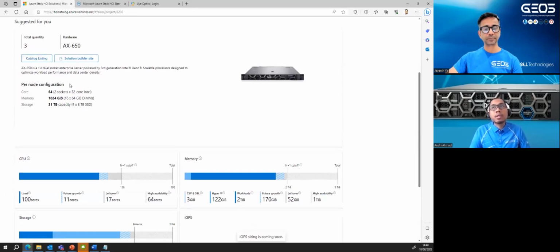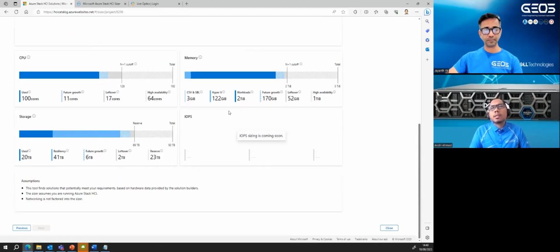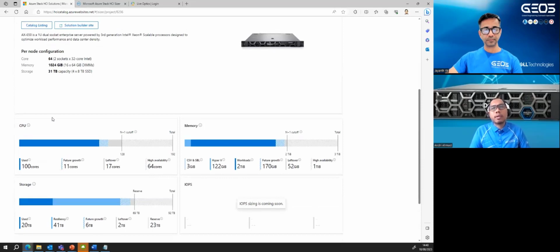So with 3 nodes, first let's talk about the compute capacity. Per node is 64 cores, so in total you will have around 192 cores. But remember, it is n plus 1. N plus 1 means that you spare 1 node, although it doesn't literally mean you have a standby node.